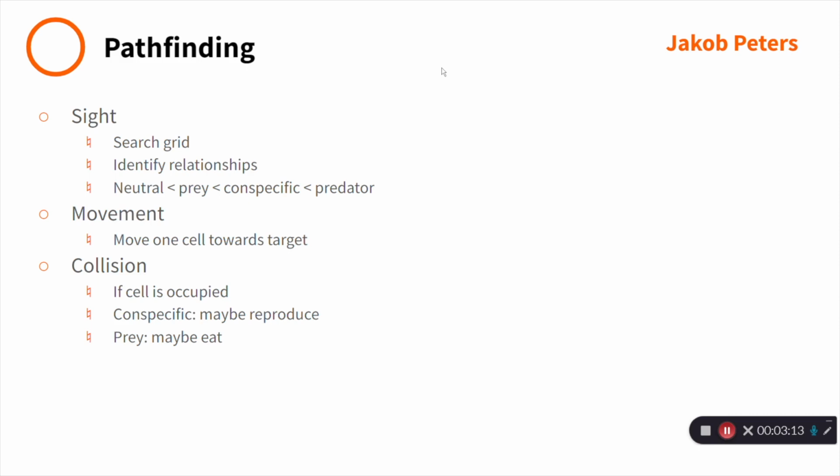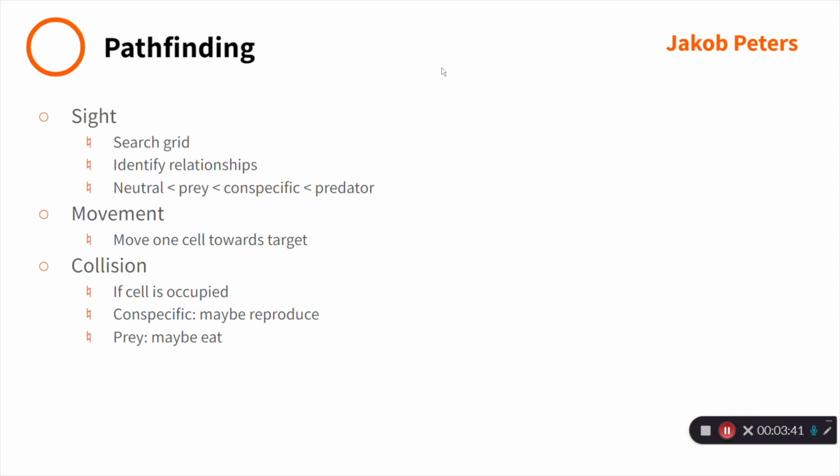So to start, when it's an organism's turn to be updated in our simulation, they search the nearby grid for other organisms, and they identify what relationship they might have to that organism, and then use that to determine what behavior they will do. This is prioritized from neutral, prey, same species, and predator relationships.